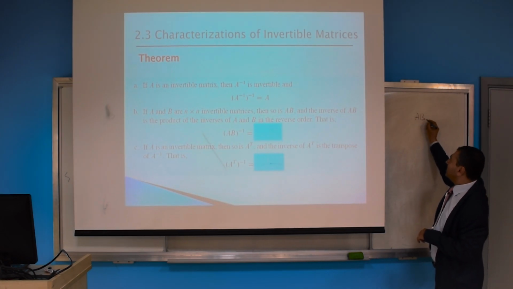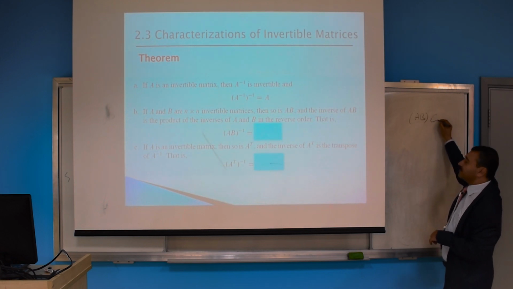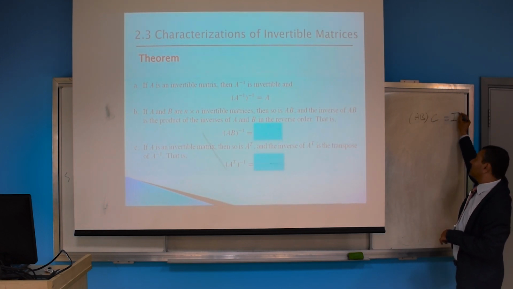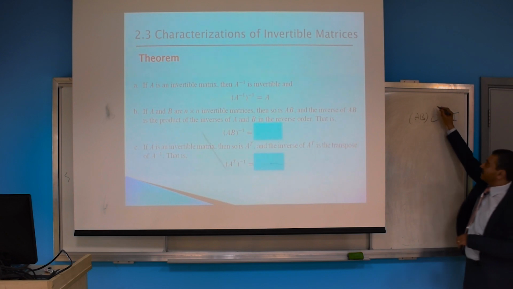We write AB times another matrix, C, and you will get the identity. So this is the inverse of this.